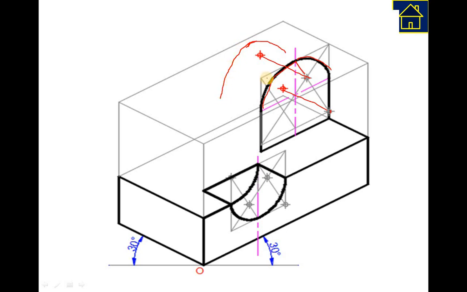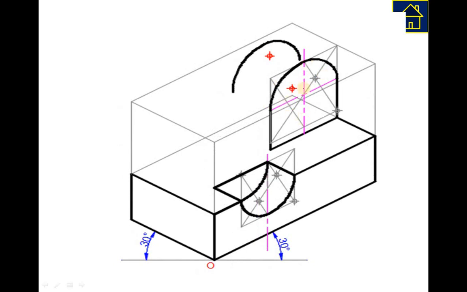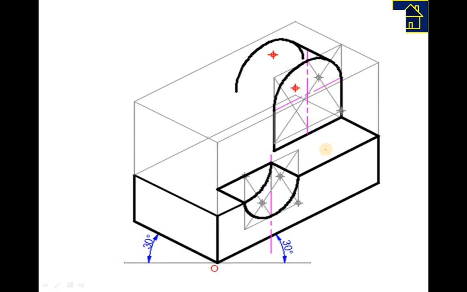So it is visible like this. Then I am drawing a tangent line passing from this line, and the unwanted part of the curve I must erase. So it is like this. Now there is a hole at the center.